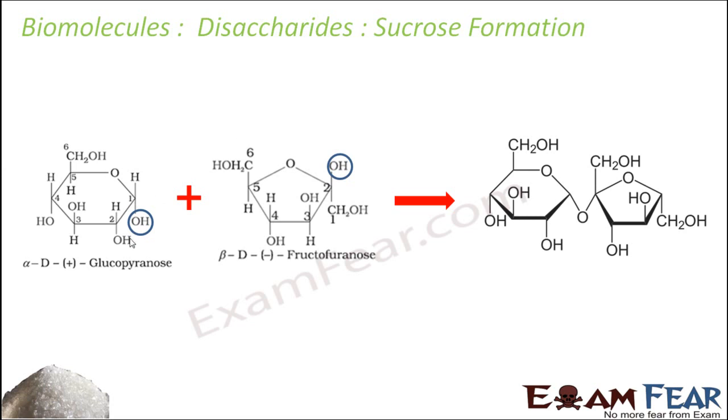One glucose unit and one fructose unit will join together and lose one water molecule. By this process, sucrose is formed by formation of this glycosidic bond.